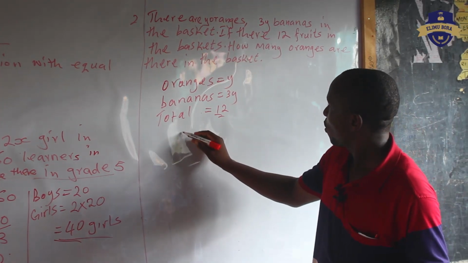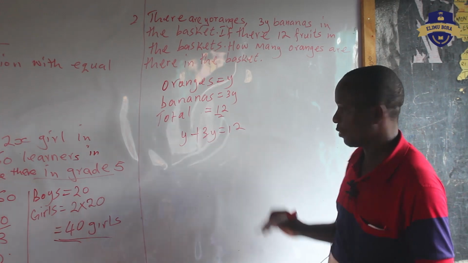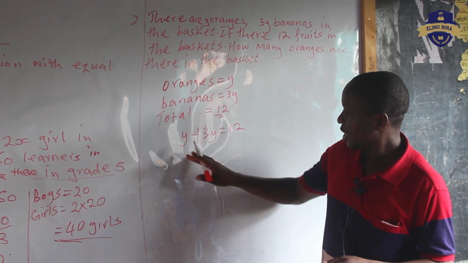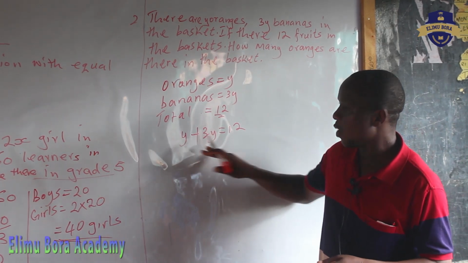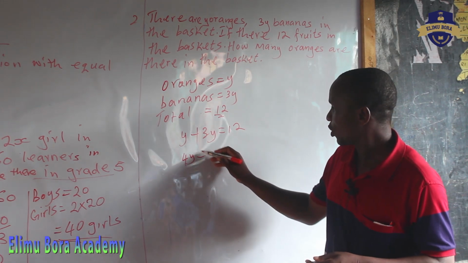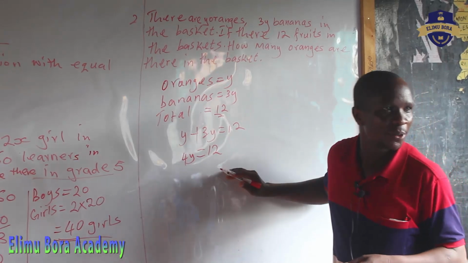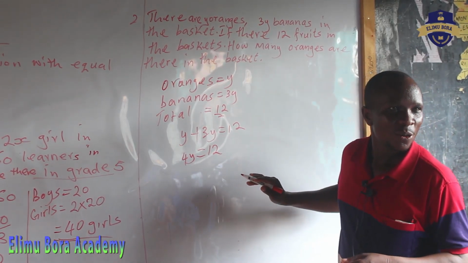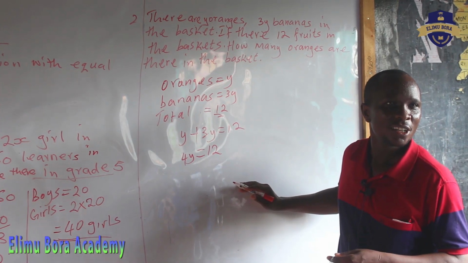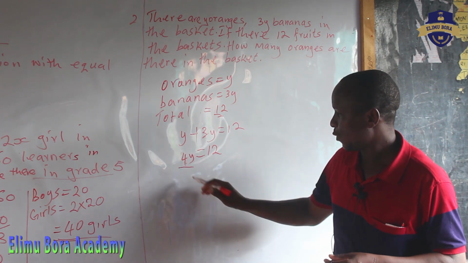We take y plus 3y is equal to 12. Y plus 3y, we get 4y, which is equal to 12. What is our next step? We simplify by doing what, Mohammed? By dividing by 4, not 3.